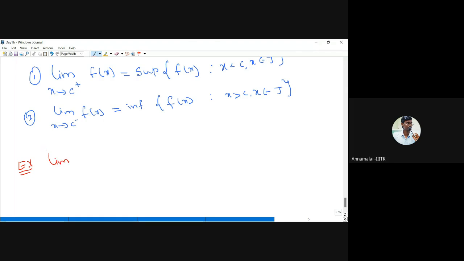Limit x goes to a, (x square minus a square) by (x minus a). So what is the limit of this one? First you have to simplify this. In the numerator we can rewrite x plus a into x minus a.